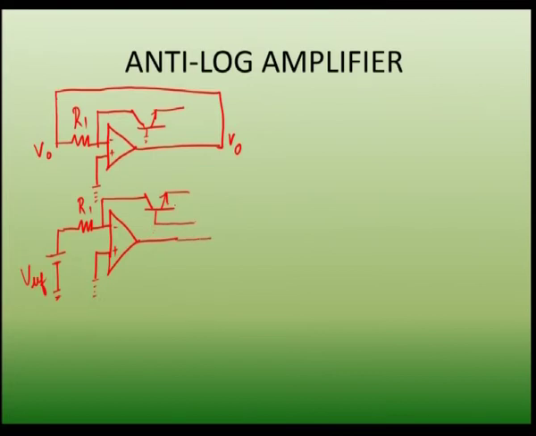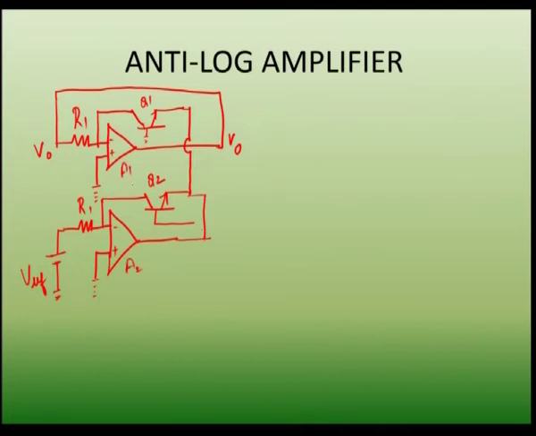there is a diode connected transistor, say this is Q1, this is Q2. This emitter is connected to this emitter, and also it is connected to the output of this second operational amplifier.